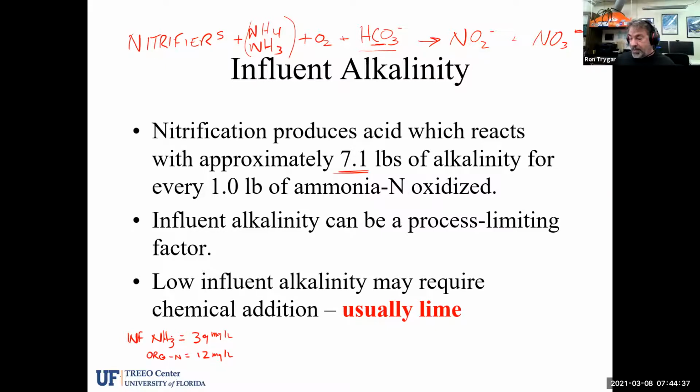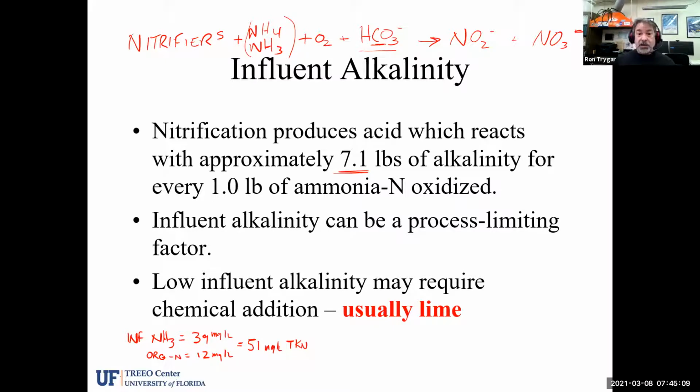Now, we generally say that the ammonia and the organic nitrogen is what we call TKN. So if we have 39 plus 12, this equals 51 milligrams per liter. And we're going to call this TKN because that's the sum of the ammonia and the organic nitrogen together. Now, this is going to have to be nitrified in order for us to meet low levels of nitrogen in our effluent. So let's say we have to meet less than 3 milligrams per liter total nitrogen.